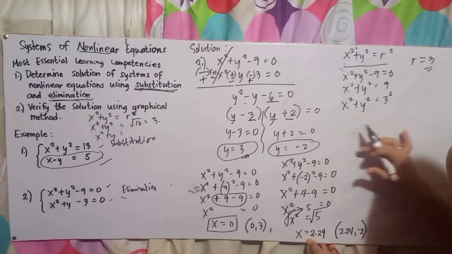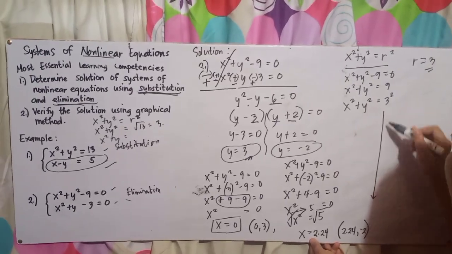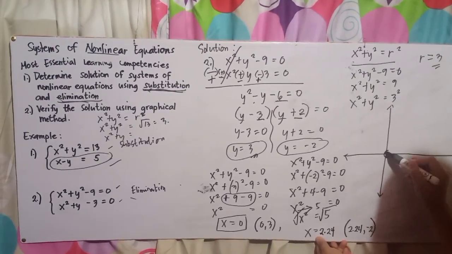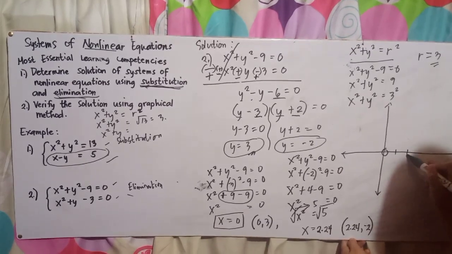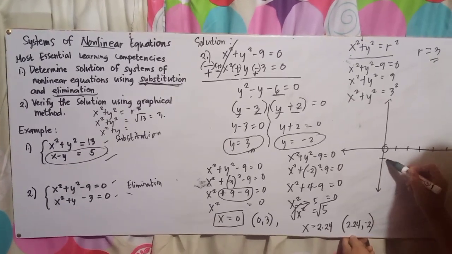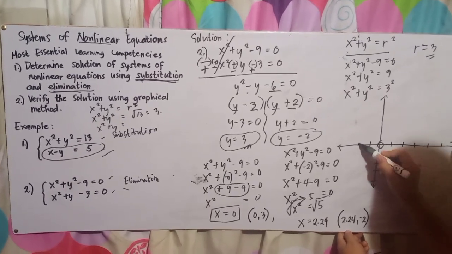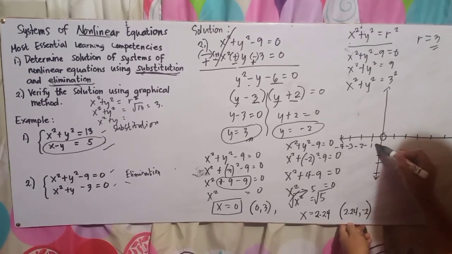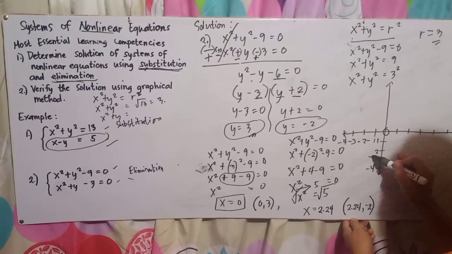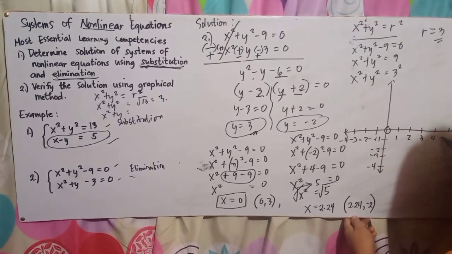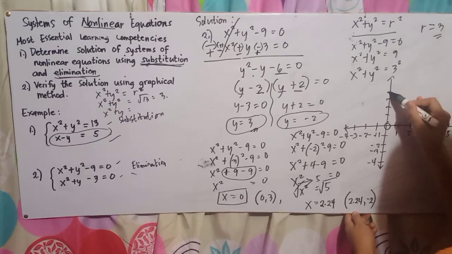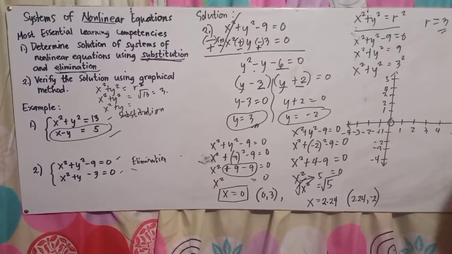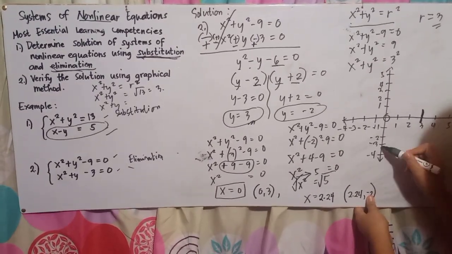So, pag i-graph, r equals 3 man. So, diri ang edge sa circle.